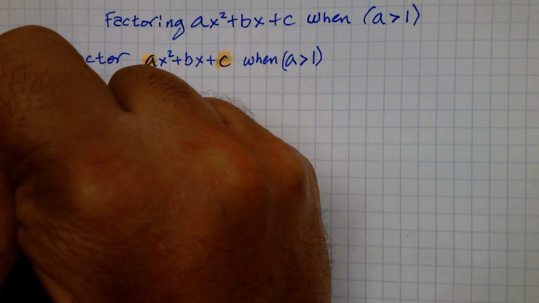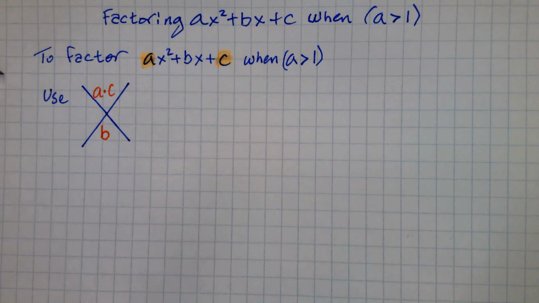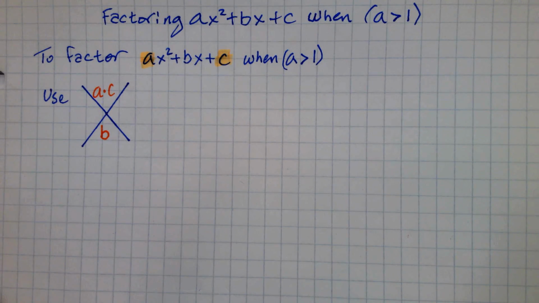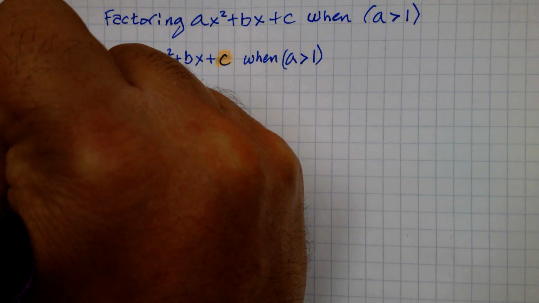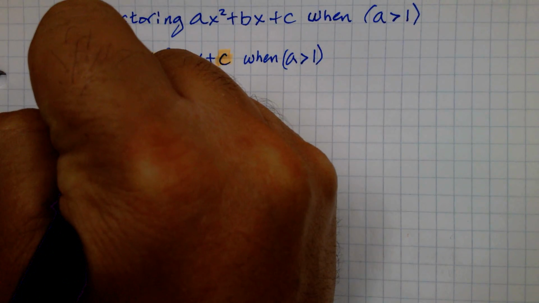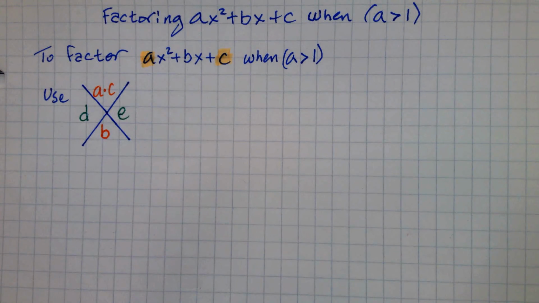The b value still goes here, like we did when a was 1. And then we're going to get two numbers, obviously. Let's call those d and e. So we're going to get these two numbers, d and e.